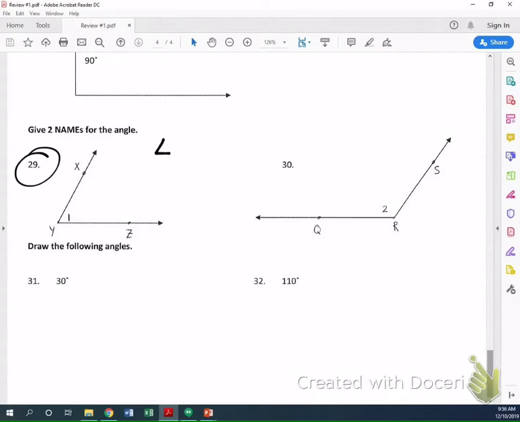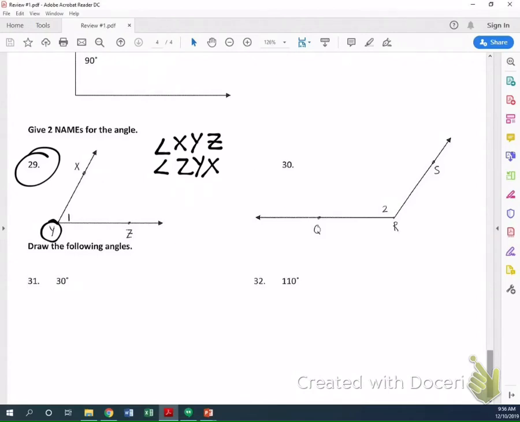You could call this angle X, Y, Z. Good. That's one way to name this angle. You could go the other way, Z, Y, X. The important part is that the Y is in the middle because it's the vertex.